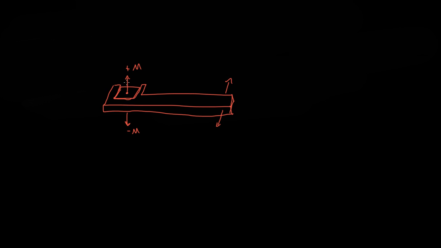Now the reason that we actually use these vectors that shoot straight up and straight down is not because this object actually wants to go up or go down. It's because the moment is equal to r cross f.